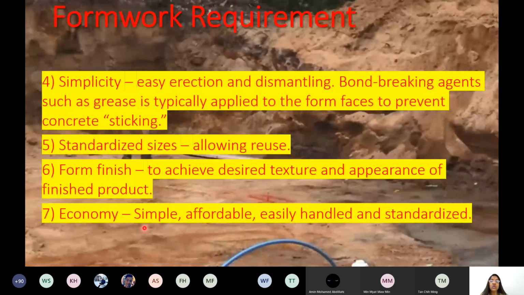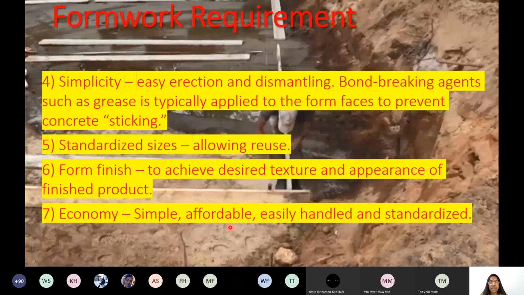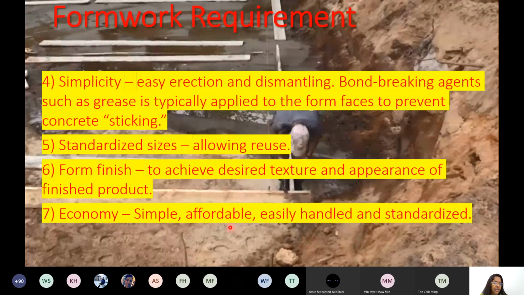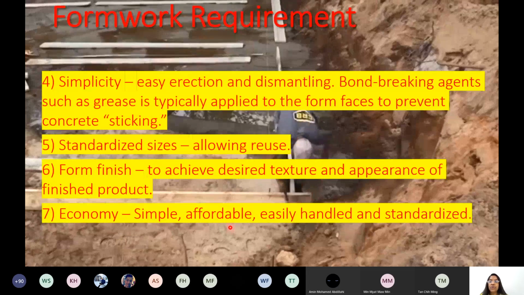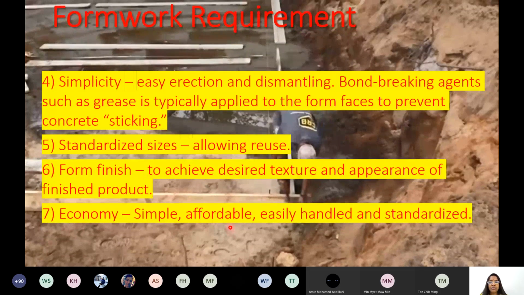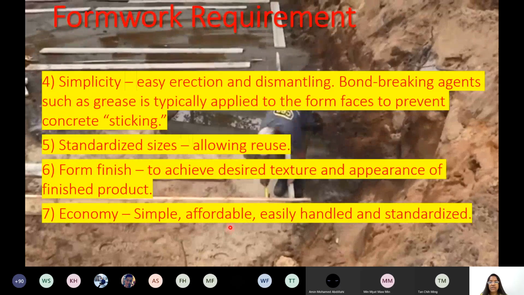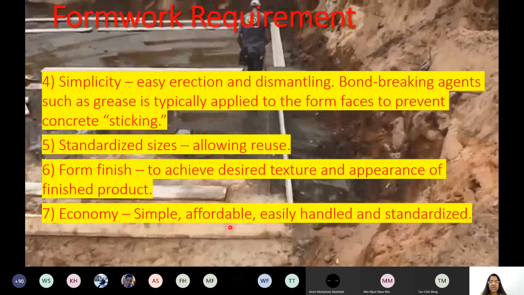Okay, economy: simple, affordable, easily handled and standardized. Price matters, because again I come back to this temporary structure. Formwork of a temporary structure should be affordable, cheaper, reusable. When you say cheaper, it must be reusable. You can use it multiple times, so you are saving cost. Your economy is under budget, not overshooting.